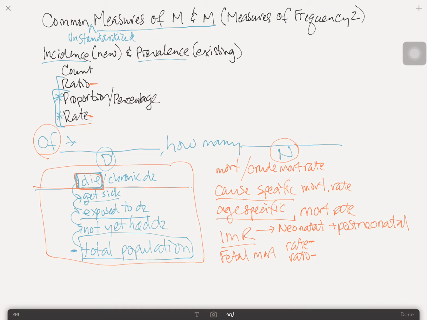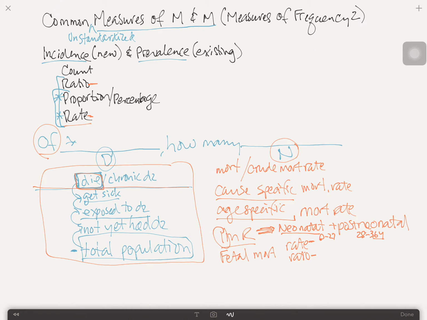And an interesting thing happens here. Neonatal is days 0 through 27. Post-neonatal is days 28 of life through 364. Neonatal plus post-neonatal actually equals infant mortality. So the neonatal deaths plus the post-neonatal deaths equals the total infant, because infant is 0 through 364.